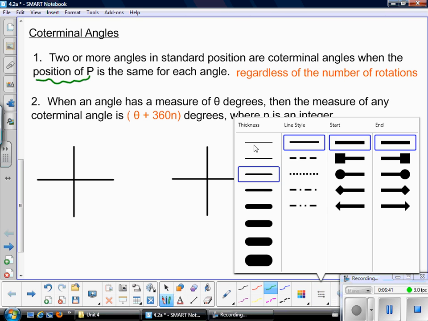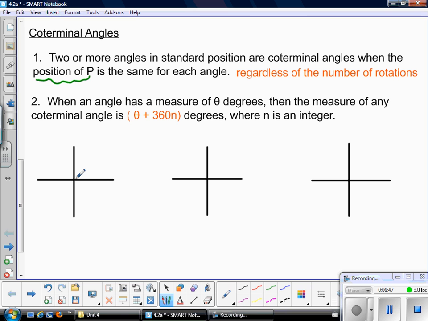You could go around and around and around. So what I'm going to do, first of all, is I'm going to create my terminal arm here. And I'm going to tell you that this theta here, I'm saying is 50 degrees. I'm just going to switch to my writing pen. So this is 50 degrees.